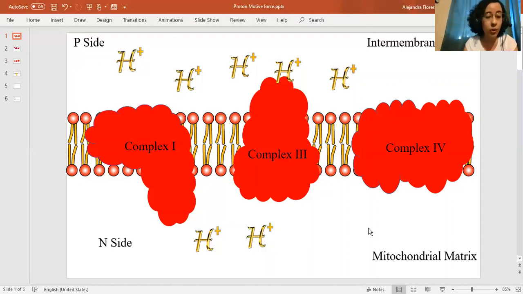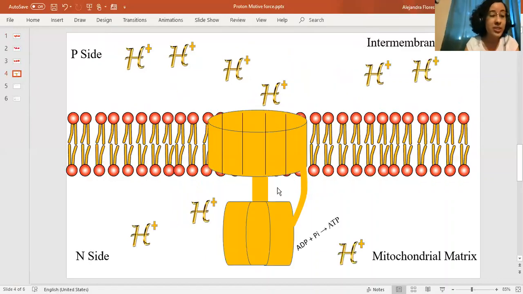And that door, that channel, is gonna be ATP synthase. ATP synthase is gonna allow the protons to cross, and by allowing them, the ATP synthase is also using the electrochemical gradient to synthesize ATP from ADP and phosphate.